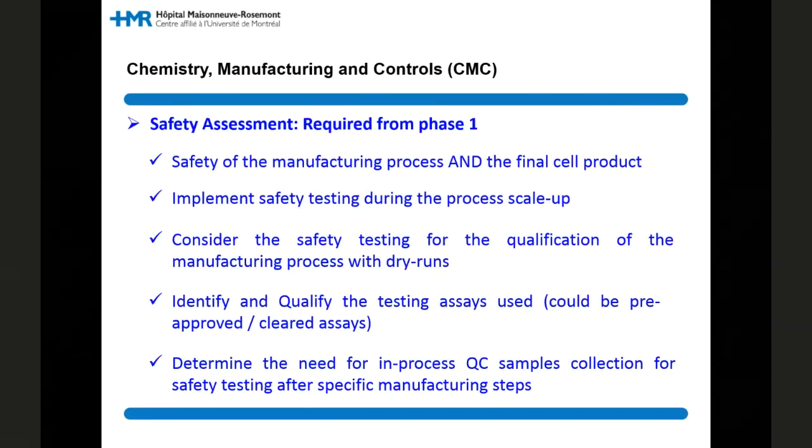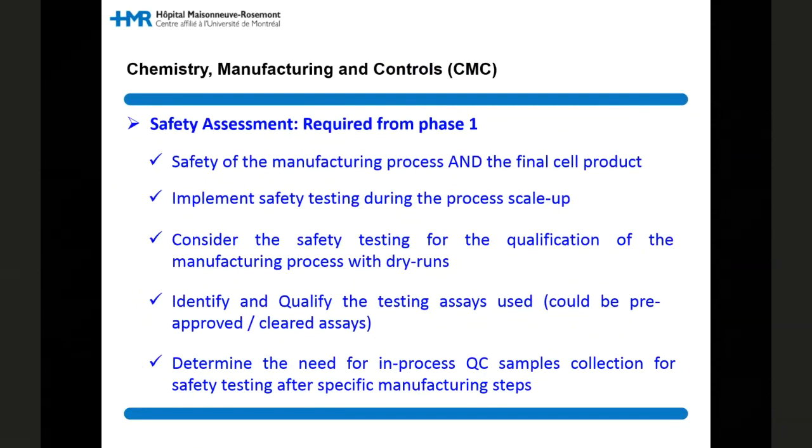Identity and identifying the right tests to be doing to ensure that your product is of high quality. And it should be as close as possible as the cells, the tests that you have been developing in your lab.